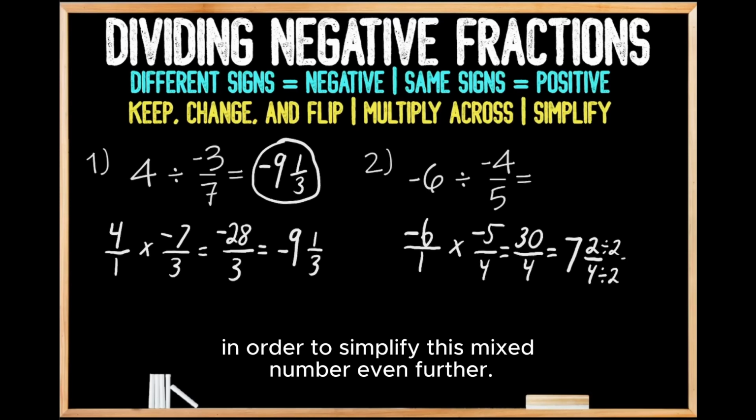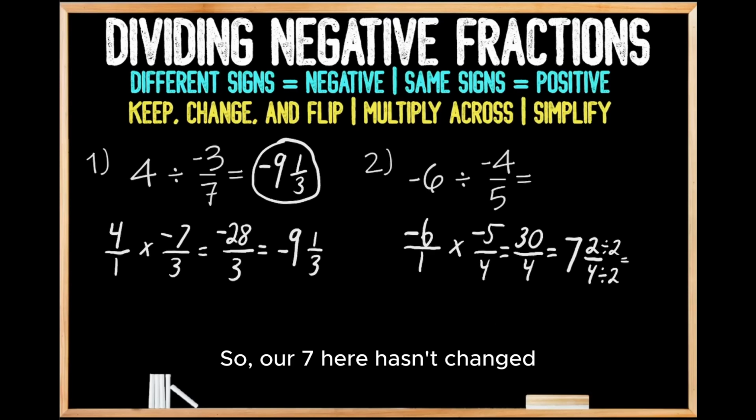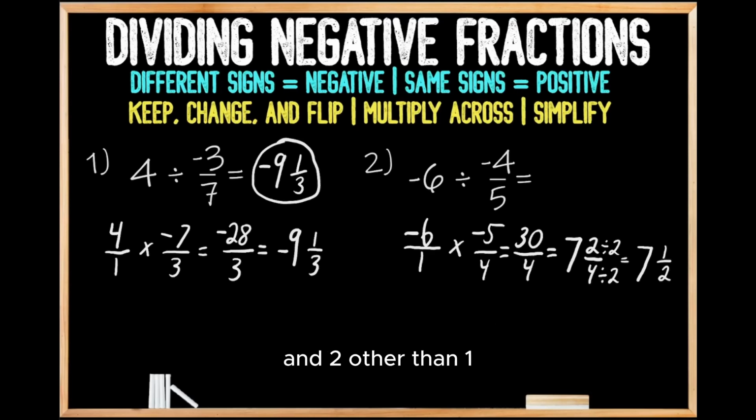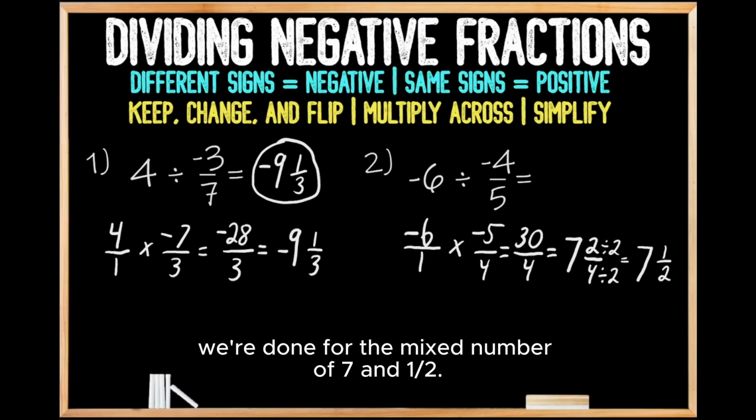So our 7 here hasn't changed, but when we divide 4 by 2, we're left with 2, and when we divide 2 by 2, we're left with 1. And since there's no common factor between both 1 and 2 other than 1, we're done for the mixed number of 7 and 1/2.